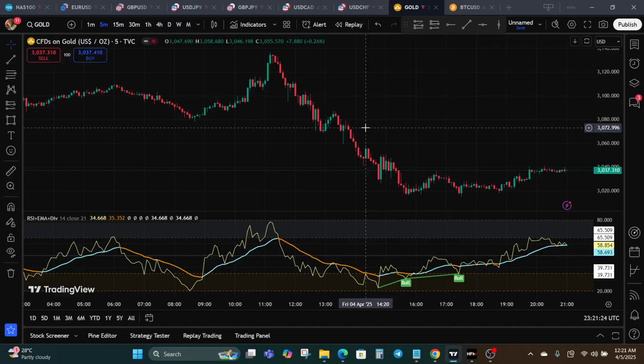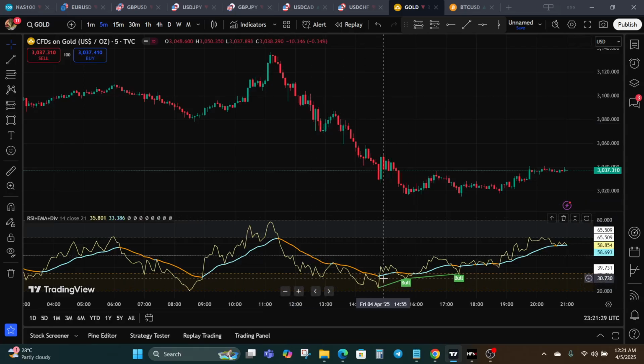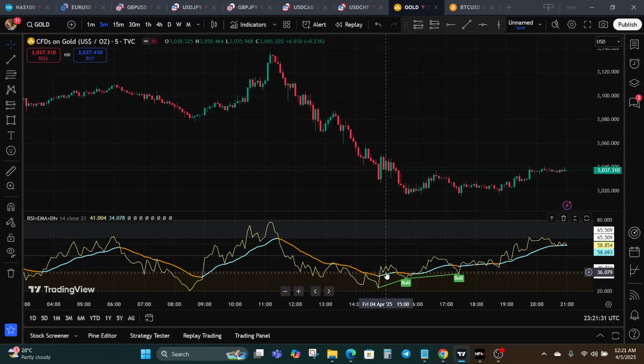Okay, so this one gives you an upgraded RSI with a built-in moving average, divergence signals, and even custom zone coloring. All right, so it's like having three indicators in one, all packed into your RSI.